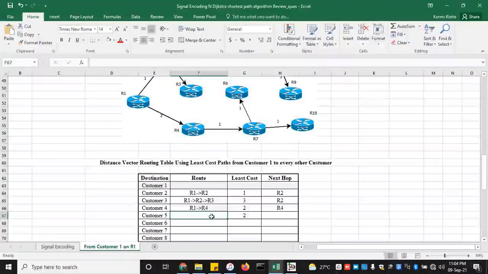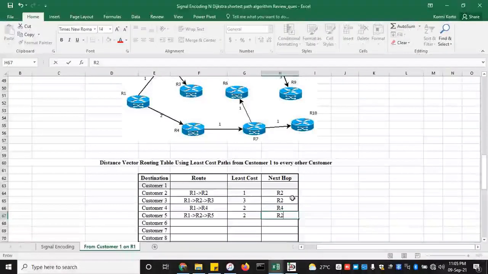And the path was obviously R1 to R2 to R5. So our next hop still remains as R2.